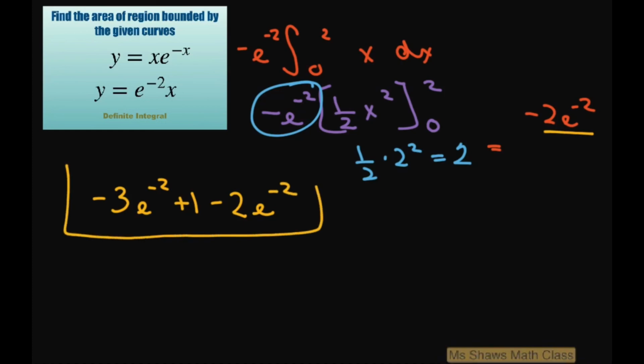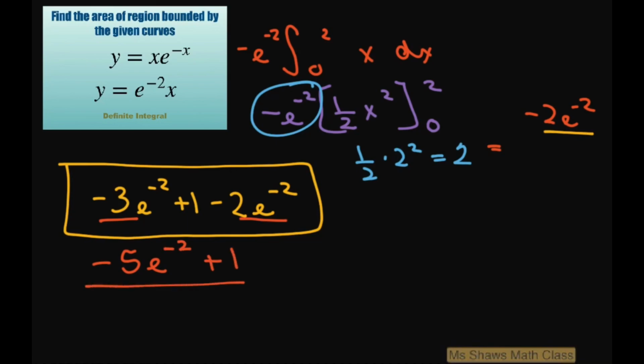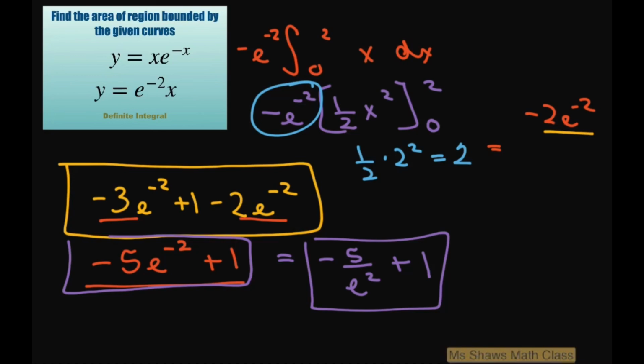And this is your area. These are the same, so I can fix this up: negative 5 e to the power of negative 2 plus 1. Also, you could write this as negative 5 divided by e squared plus 1. It just depends on how far you want to simplify. Thank you. Have a nice day. Bye-bye.